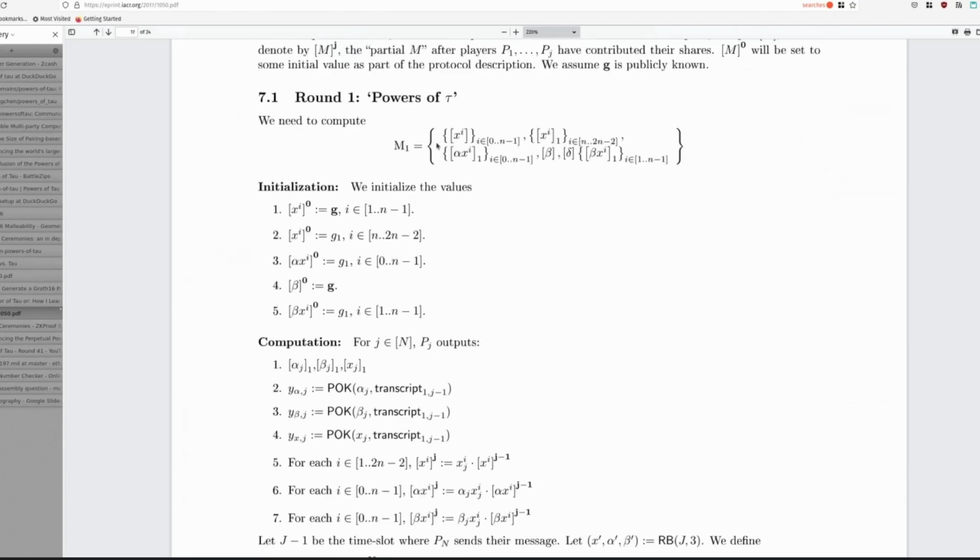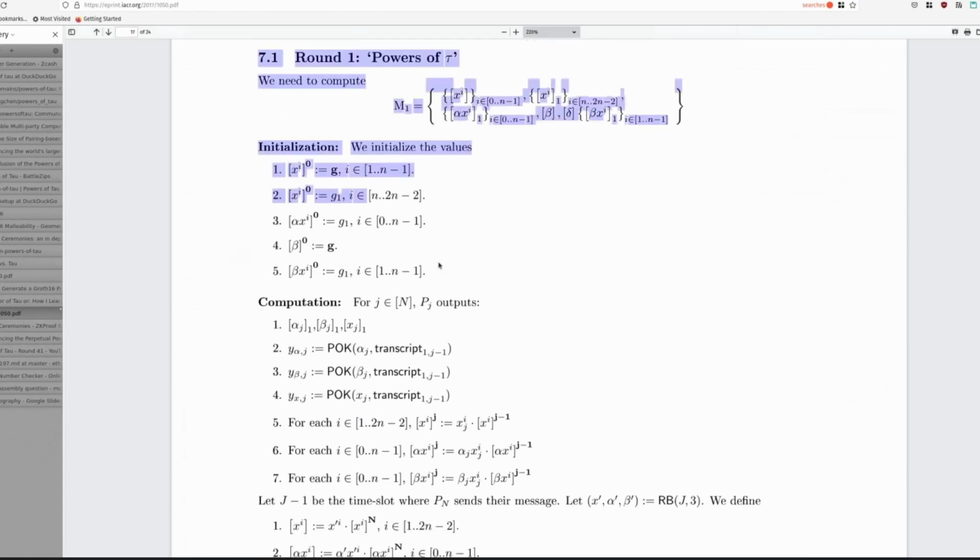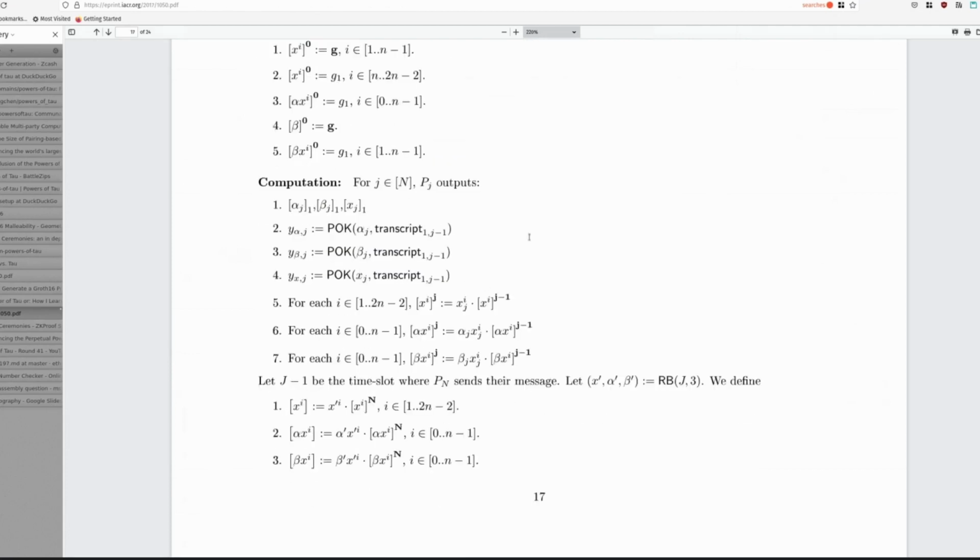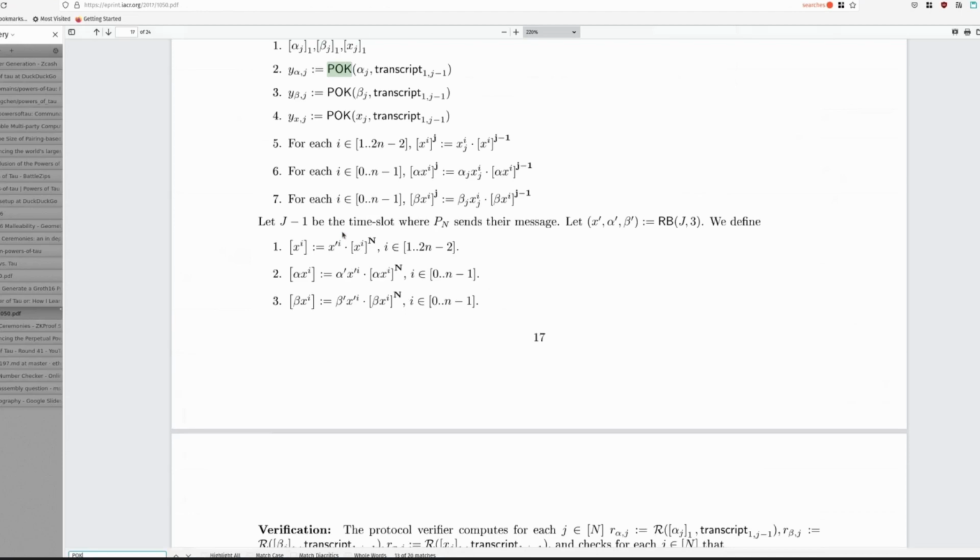These are just elements in the field. It has nothing to do with the circuit. I don't know what this algorithm does, to be honest, but the inputs have nothing to do with the circuit. Wait, I wonder if we can quickly see what that does.